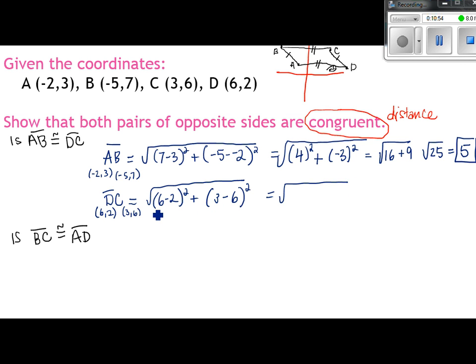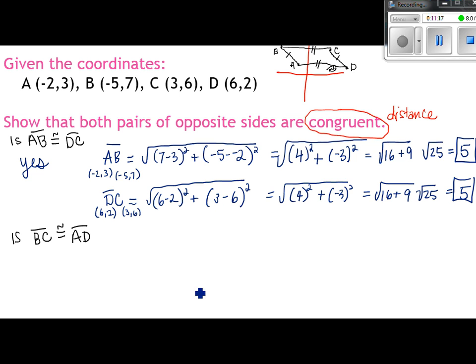Okay, and then 6 minus 2 is 4, and 4 squared, plus 3 minus 6 is a -3. And that would still be 16 and 9, which is the square root of 25, which turns out to be 5. So yes, these are in fact the same distance, and so they are congruent.